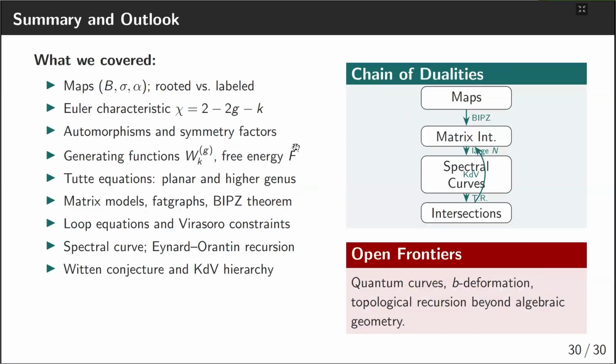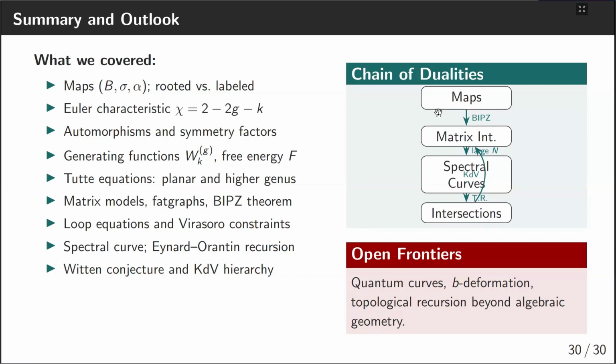So what we covered today: maps, rooted, labeled, Euler characteristic, automorphism and symmetry factors, generating functions and free energy, and the Tutte equations, combinatorial, planar and higher genus, matrix models, fat graphs, Bibb's theorem. This is a matrix integral, and loop equations, Virasoro constraints, spectral curve, Eynard-Orantin recursion, Witten conjecture, and the KdV hierarchy.